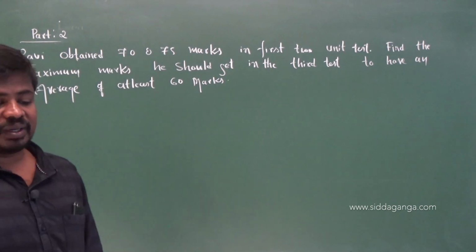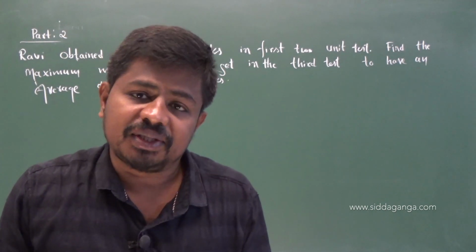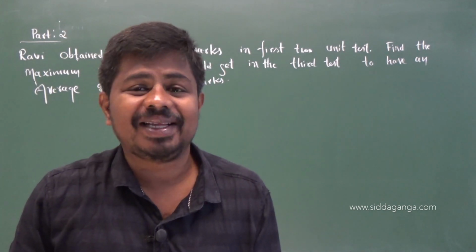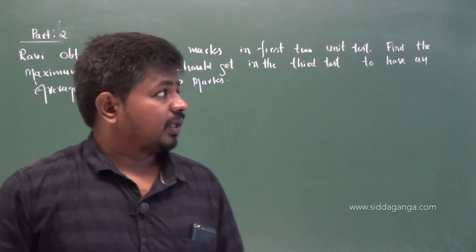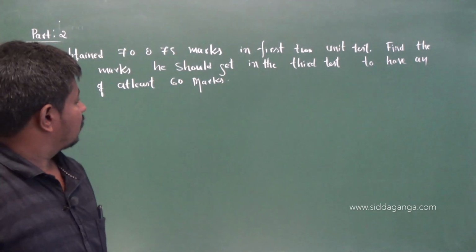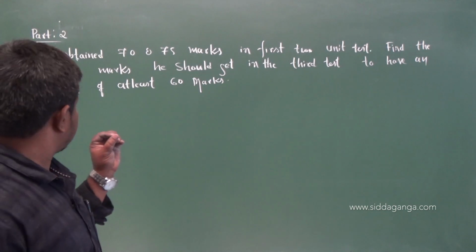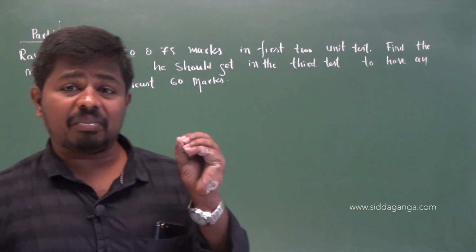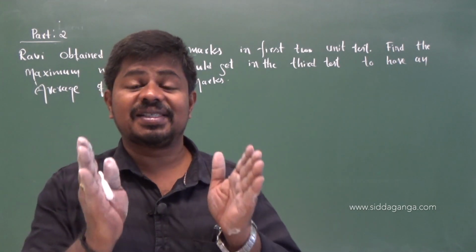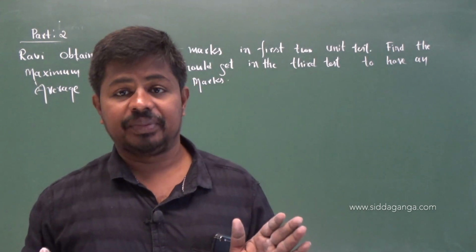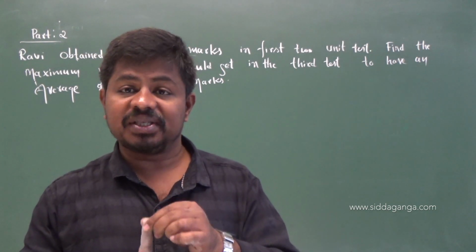Now, the average marks from 3 tests must be minimum 60, not more than 60. At least 60 you should get as average marks from the 3 unit tests. In the first two unit tests, he has got 70 and 75 respectively. Then what must be the marks he should get in the third test to get an average of minimum 60?